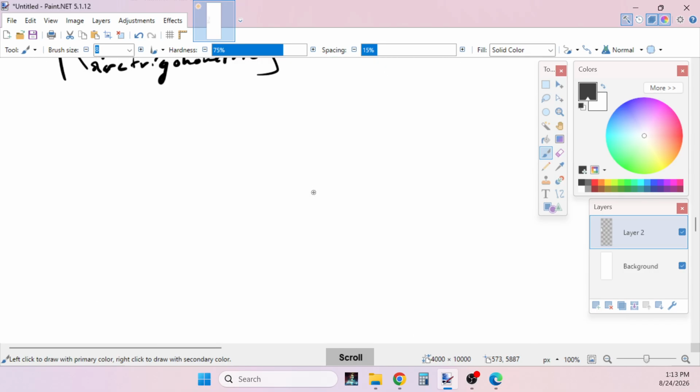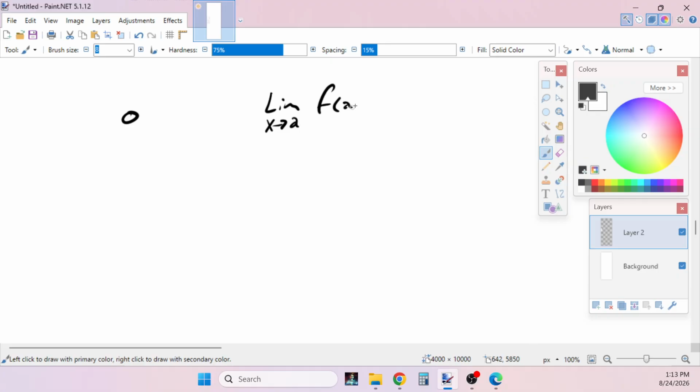So if you have a limit as x goes to some number of some function, and you try plugging the value into the function and you get 0 over 0 or infinity over infinity, you have what's called an indeterminate form.